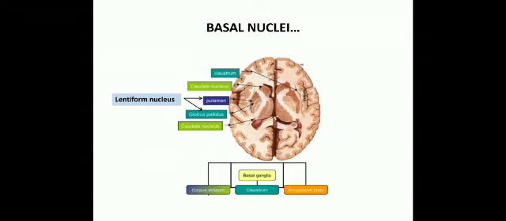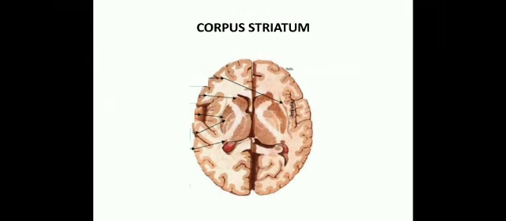The caudate nucleus, with its head part and tail part, is depicted here, and then the lentiform nucleus has the putamen and the globus pallidus. The corpus striatum comprises the caudate nucleus and the lentiform nucleus.